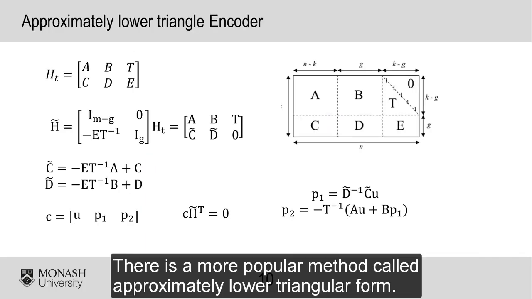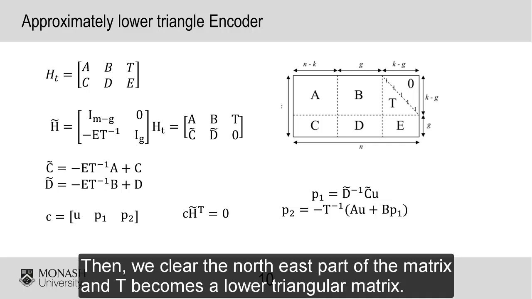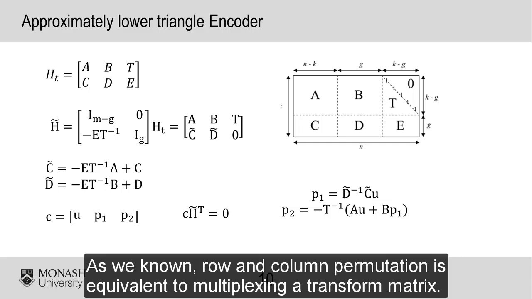There is a more popular method called approximately lower triangular form. Firstly, we are given the number g, which can be as small as possible. Then, we clear the northeast part of the matrix, and T becomes the lower triangular matrix.